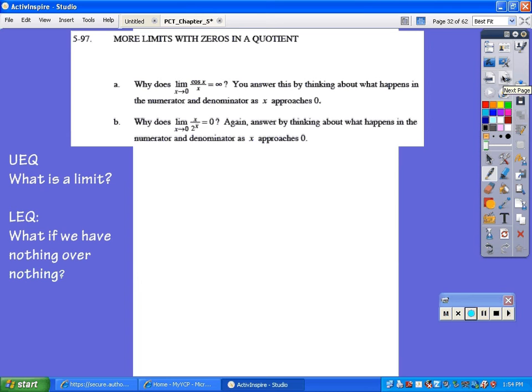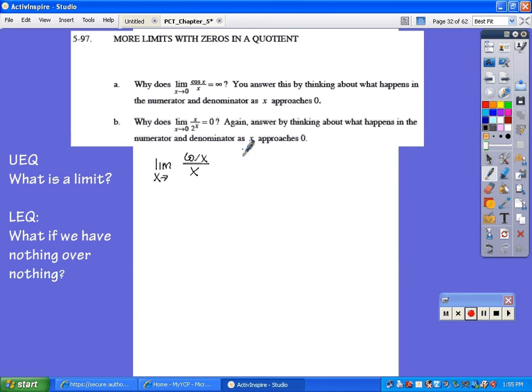Problem number 97, here's a few more limit problems involving trig functions. So letter A, why does the limit as x approaches 0 of cosine of x over x equal infinity? You can answer this by thinking about what happens in the numerator and denominator as x approaches 0. So let's take a look at it. So we have the limit as x goes to 0 of cosine x over x.